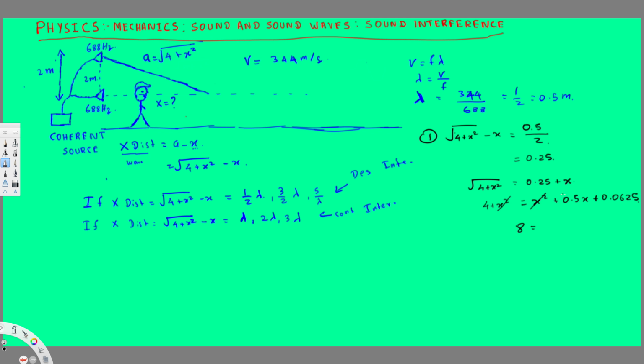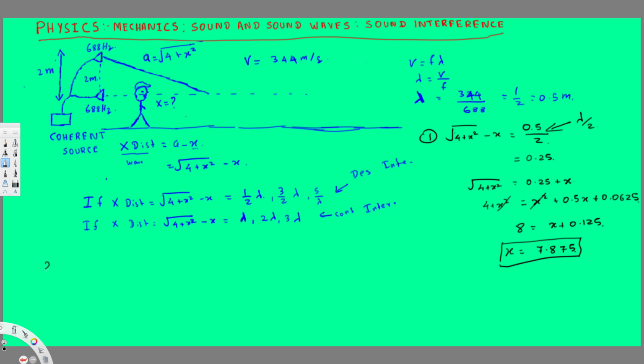If I multiply everything by 2, 8 is equal to x plus 0.125, then x is equal to 7.875. So we have the x, this is the location where he will hear no sound at all, because we found this one for lambda by 2. At that point the amplitude is 0, so he will hear no sound.